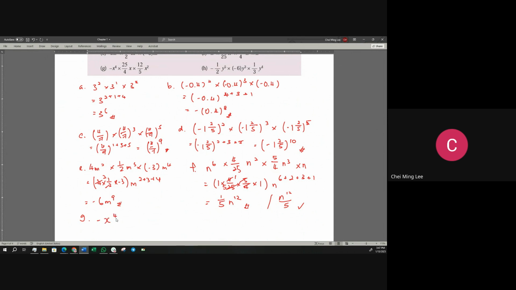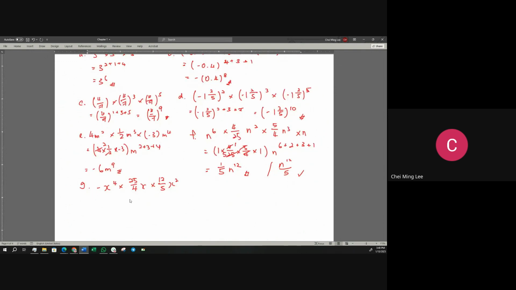So it's negative x to the power of 4 multiplied by 25 over 4x multiplied by 12 over 5x squared, I think. So this one, negative is negative 1. So we just divide: negative 1 multiplied by 25 over 4 multiplied by 12 over 5. This one and this one you get 5.